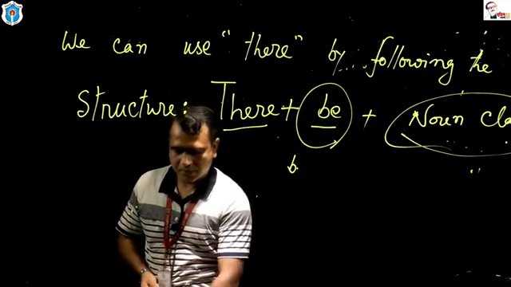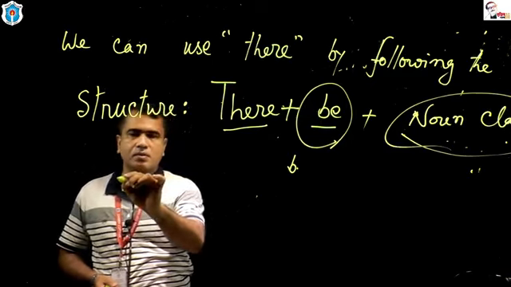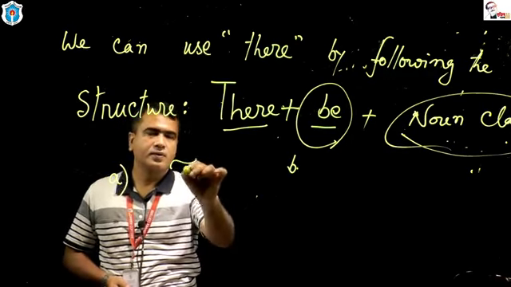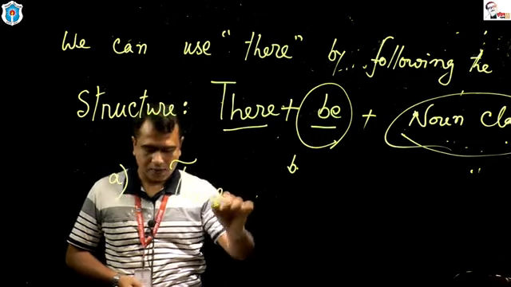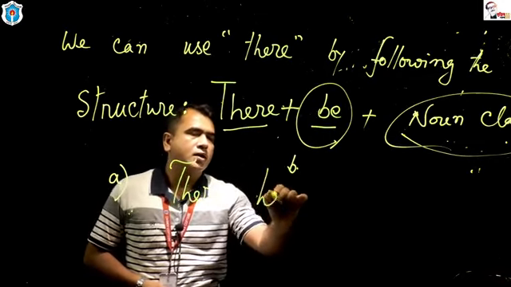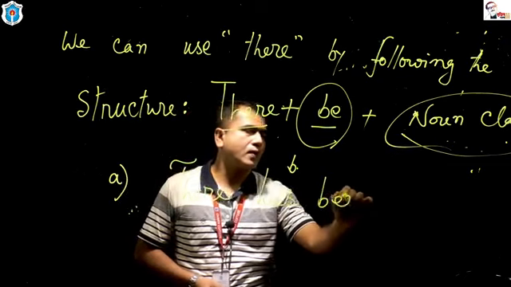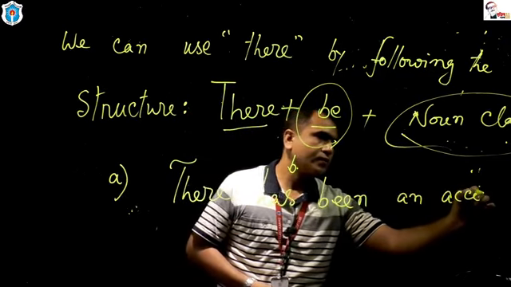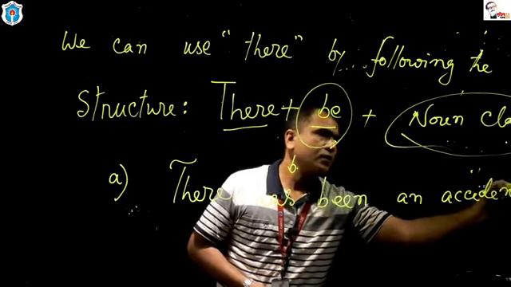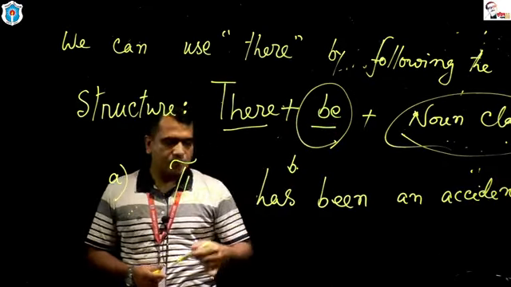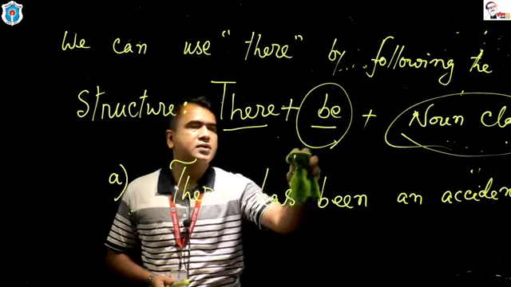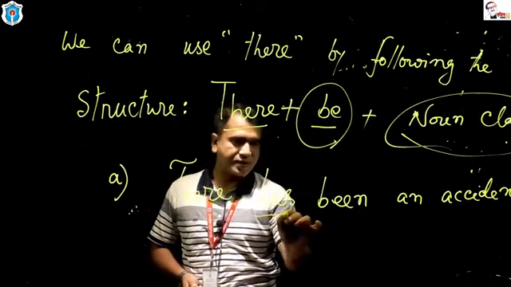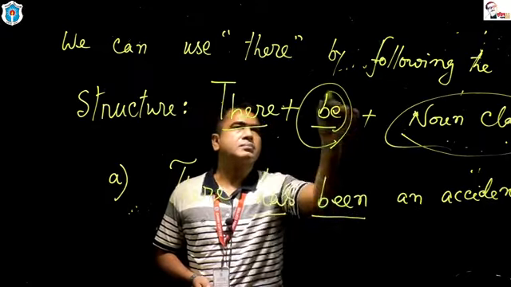I am giving some examples. Number 1, A. There has been an accident. Here we have used the present perfect tense of the be verb.